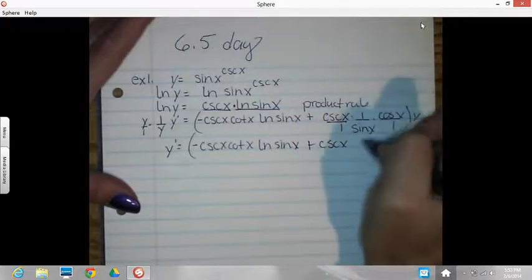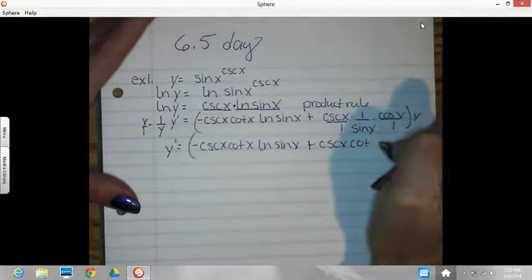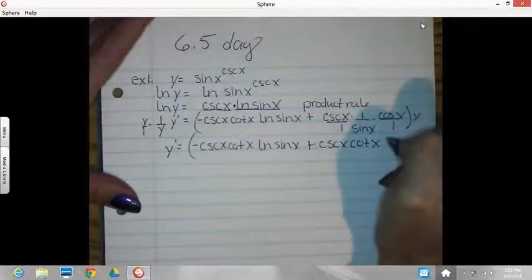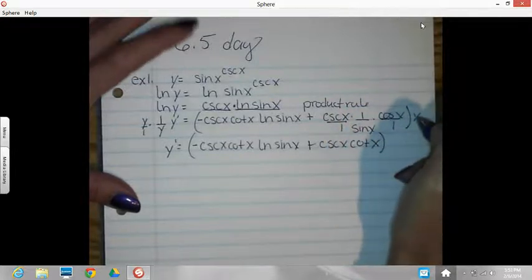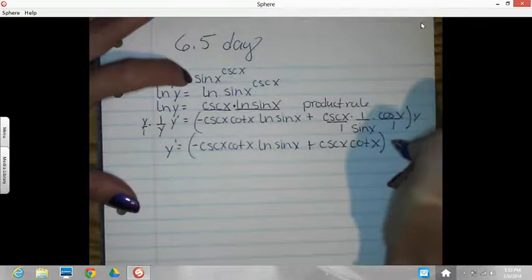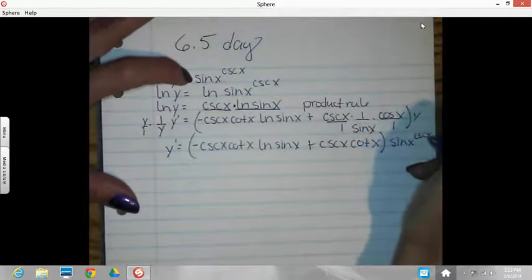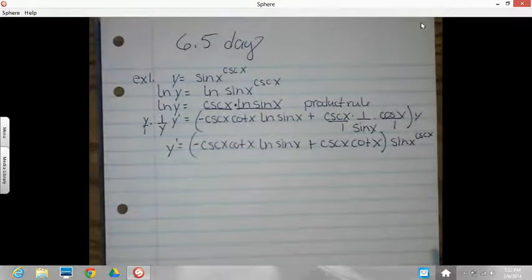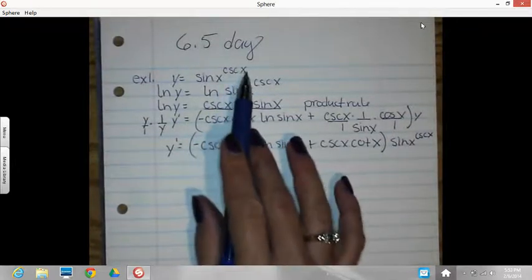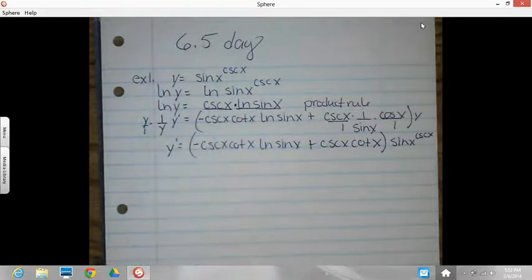Cosine over sine turns into cotangent, all times the y, which is sine raised to the cosecant. Done. So anytime the variable's up in the exponent, you'll hit it with a log, knock it down, jump into the derivative.